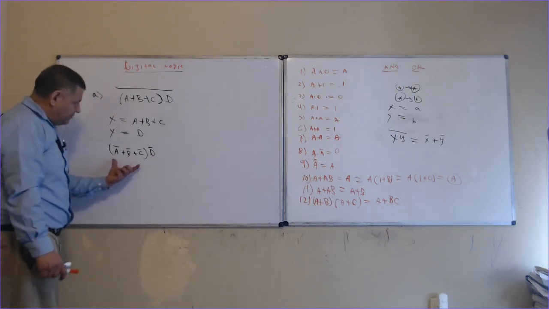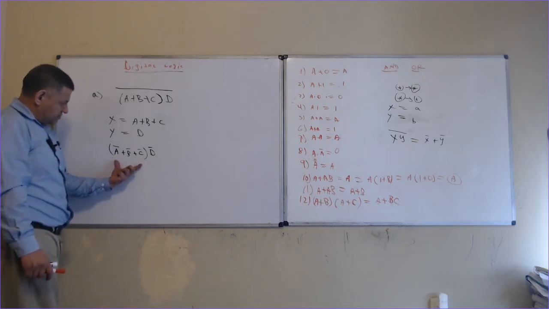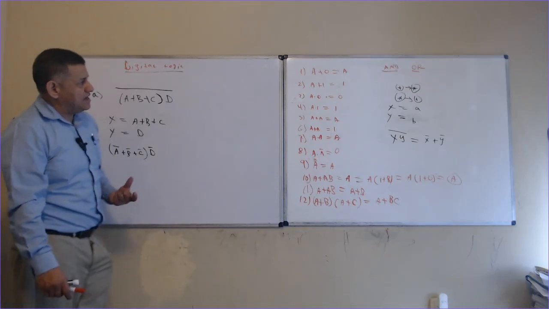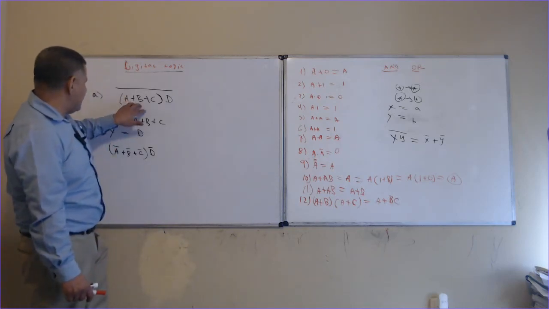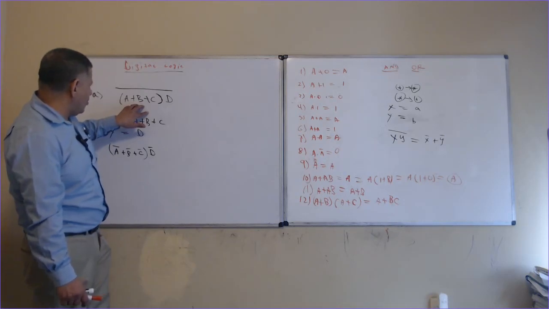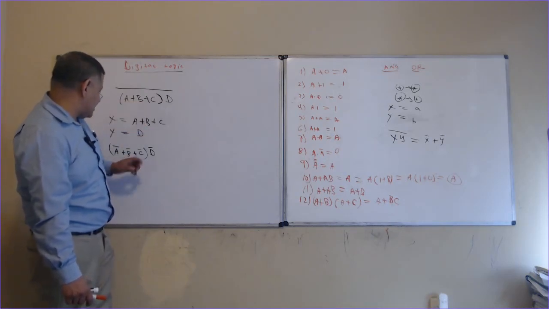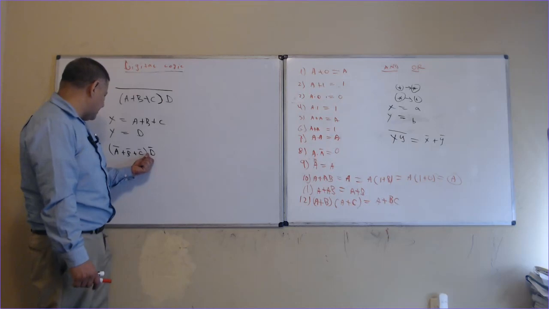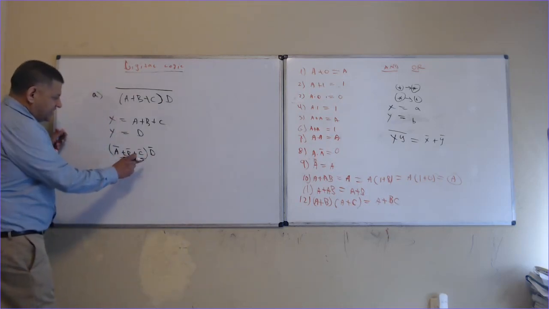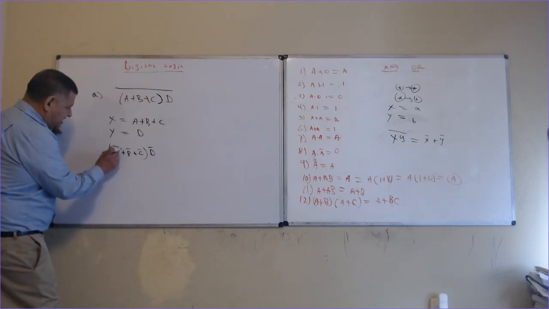So okay, now look at this. If I actually look at this, what do I have? I have a bunch of ORs, or pluses, I will say, and this is a multiplication with this. So now what I can do is change the sign.